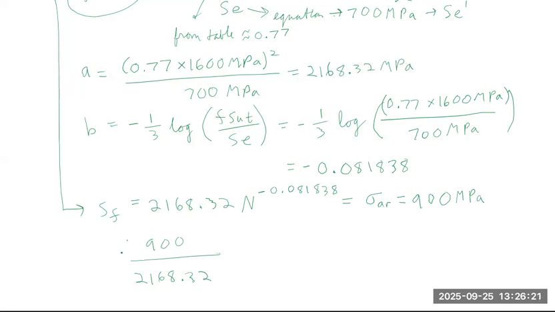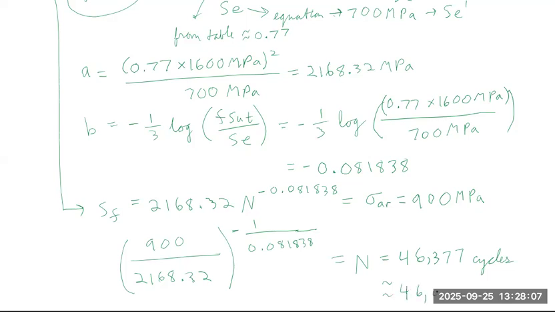We can raise it to the power of negative 1 over 0.081838. And this will give us n. So n is equal to 46,377 cycles, or about 46,400 cycles.